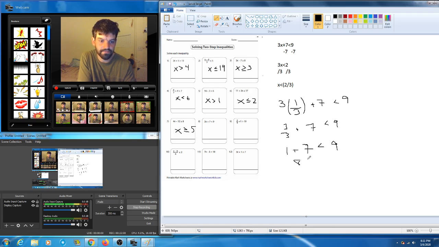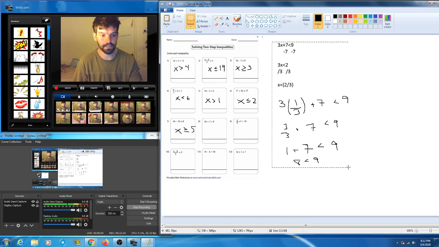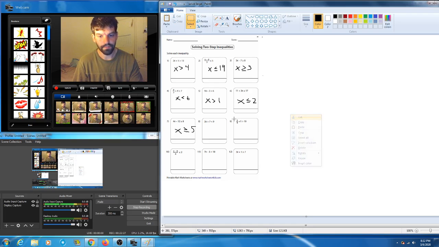And 8 is definitely less than 9. So again, that's one of those examples where I wanted to show you that if you choose something really close, your inequality still is satisfied. It's just that the numbers are pretty close when you do your calculation to check your solution. But this is going to be x is less than 2/3.